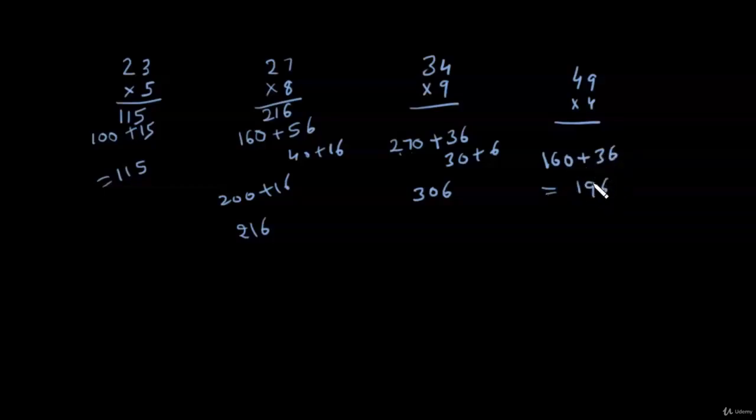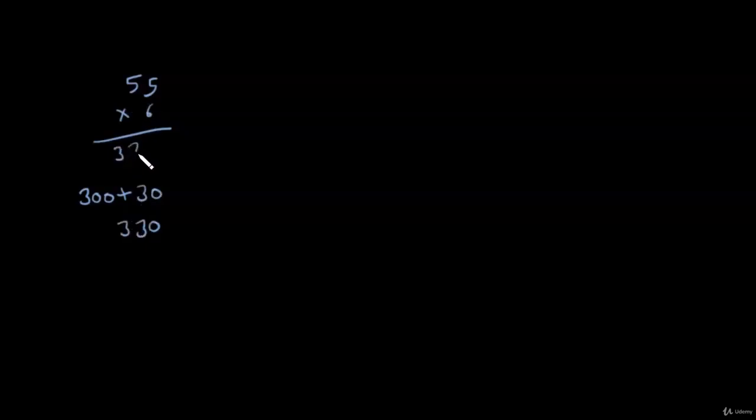So this is how we can make it faster. Consider 55 times 6. 6 times 5 is 30, but this is not 5, this is 50. So 6 multiplied by 50 is 300. We will keep this 300 in brain, plus 6 times 5 is 30. So 300 plus 30 is 330. So the answer for 55 times 6 is 330.